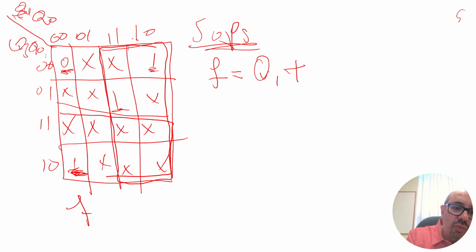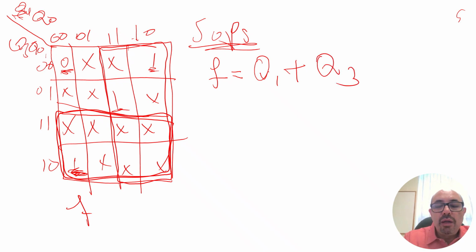Yes, this is the group of 8, and what does not change is Q3, so this is Q3. The reasoning continues: do I still have ones that are not in groups? No, we are done. Then this is the simplest equation for function f.